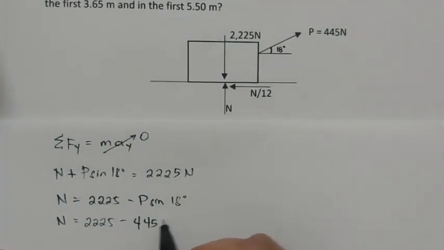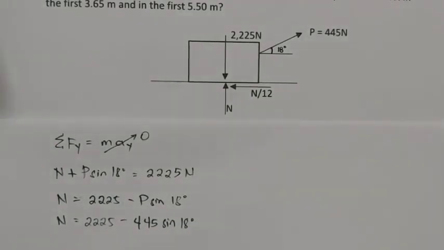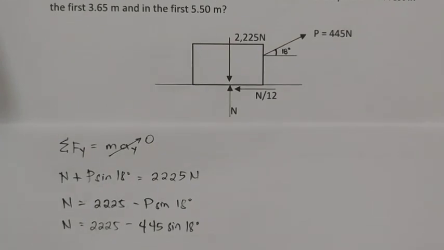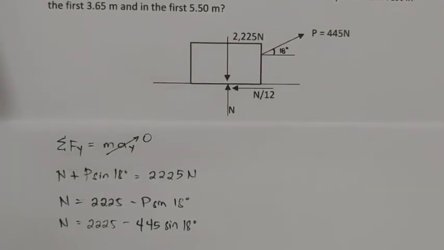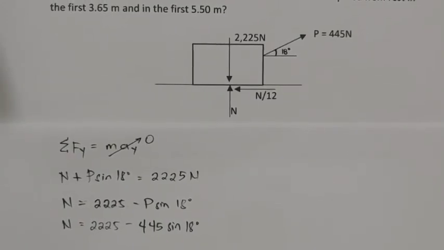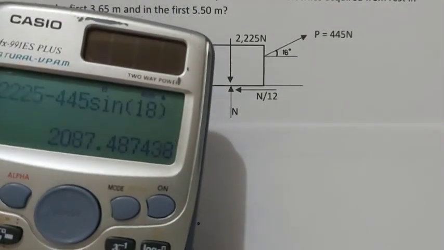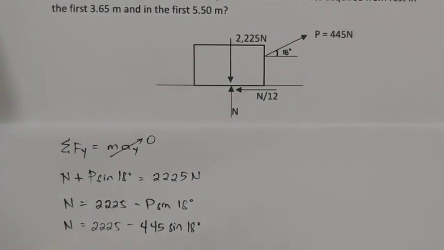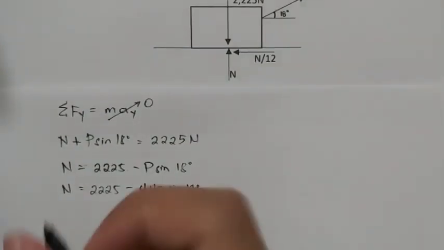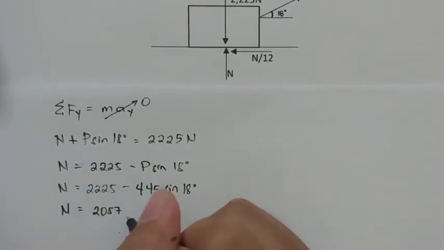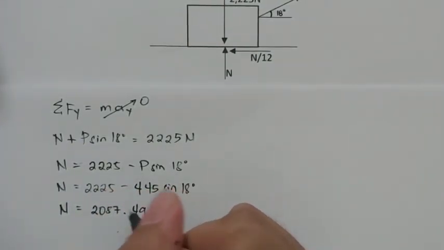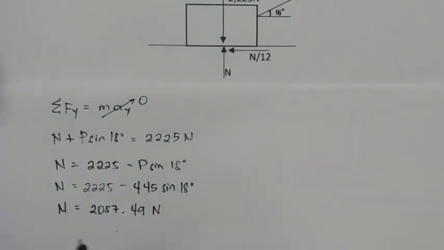N is equal to 2,225 minus 445 sine 18 degrees, which is our P sine 18. Then, solving, we can get that N is equal to 2,087.49 Newtons.